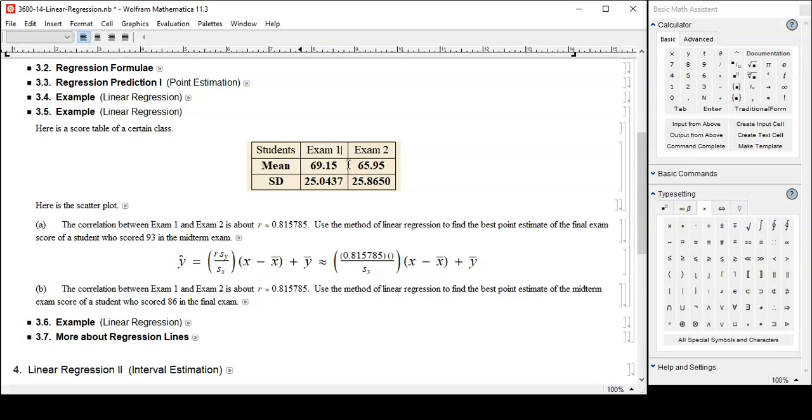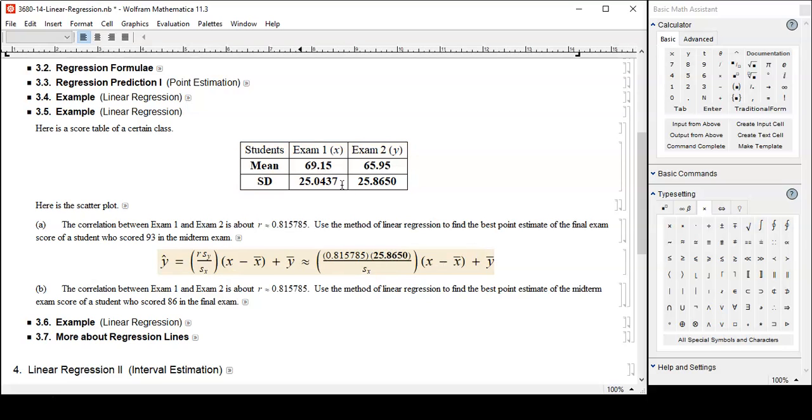So this is x, and that's y. So the standard deviation of y is this one, and the standard deviation of x is right here. No bold, no bold.